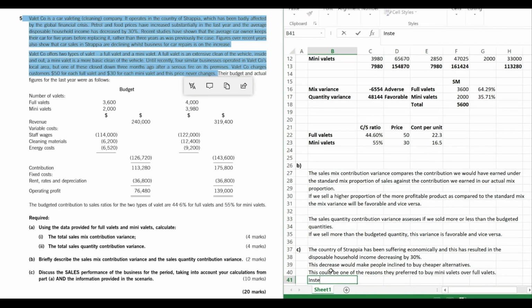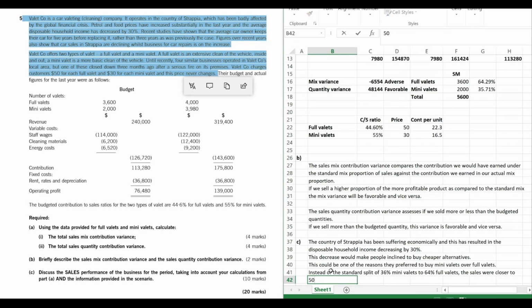Instead of the standard split of 36% mini valets to 64% full valets, the sales were closer to 50% each.